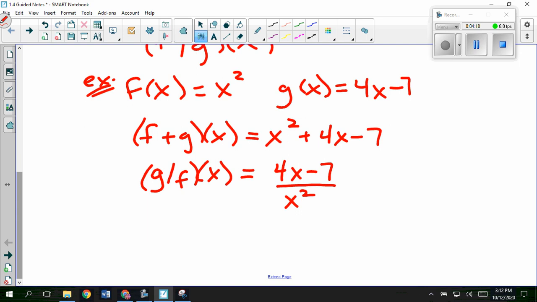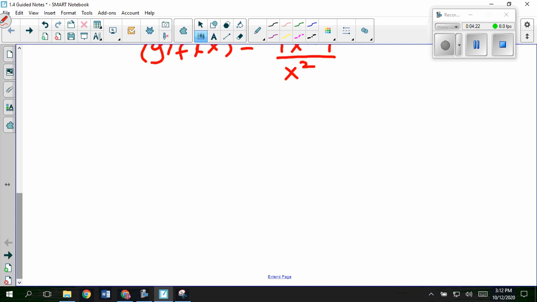And then one final little piece before we move down to the next section, just going to extend my page: we are also going to ask you to identify some more domain types of answers. For every one of those problems, we really just need to be careful to follow with the domains of the originals.